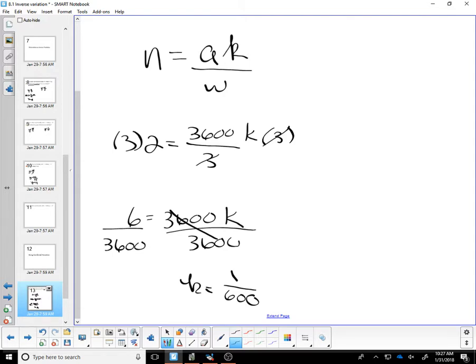All right, so what's my model? It should start with N equals something.